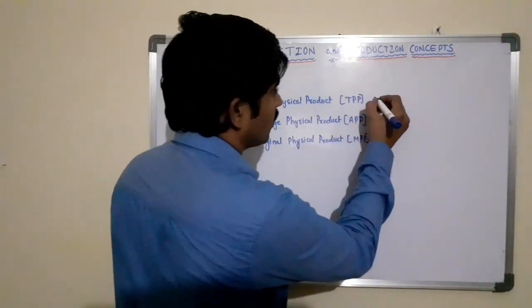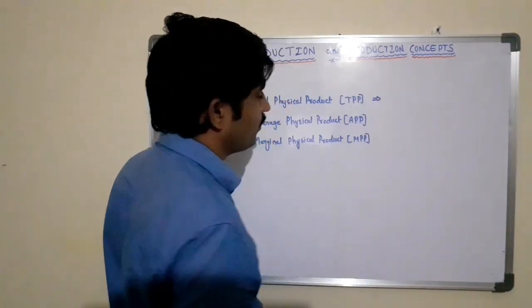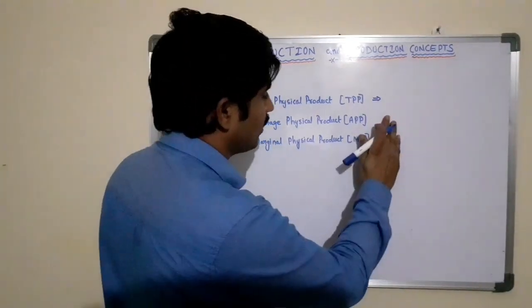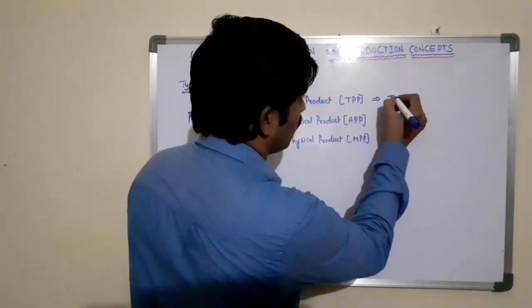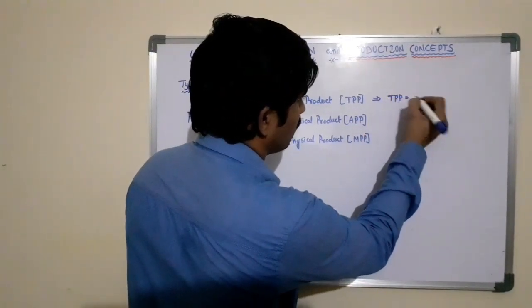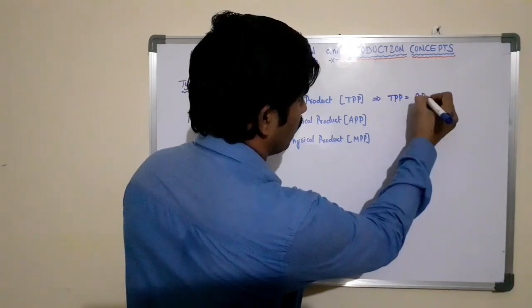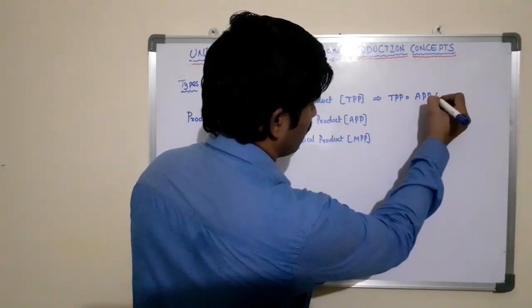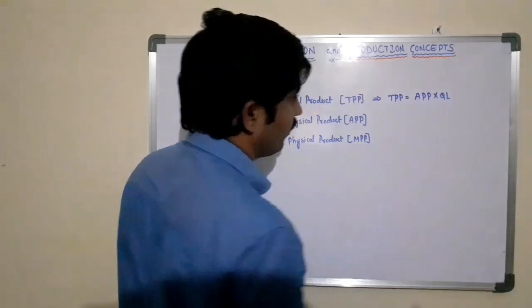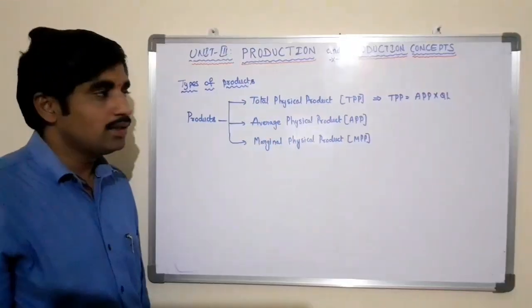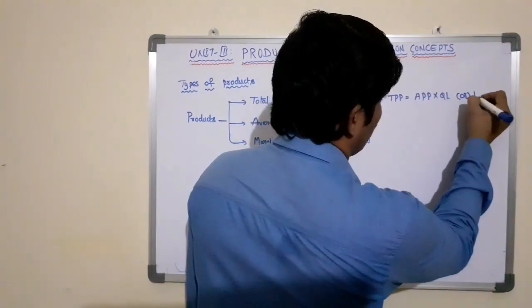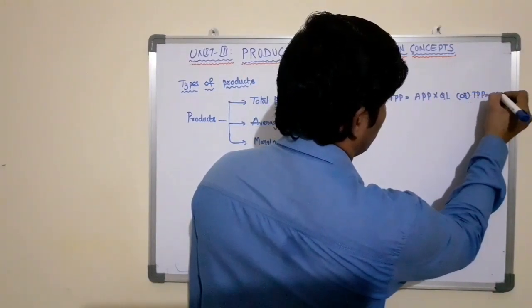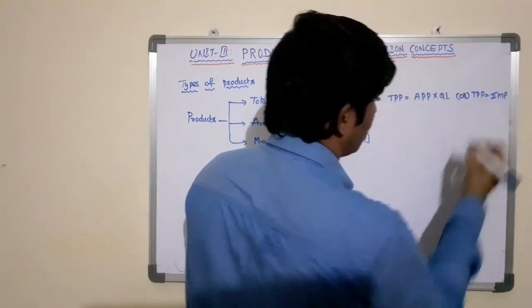Total physical product can be expressed in a mathematical formula as total physical product equals average physical product into quantity of labor, or total physical product equals summation of marginal product.